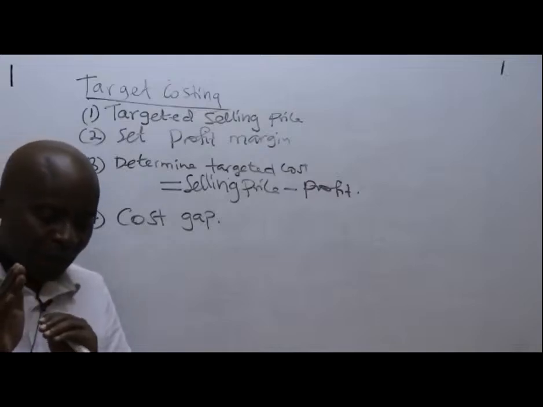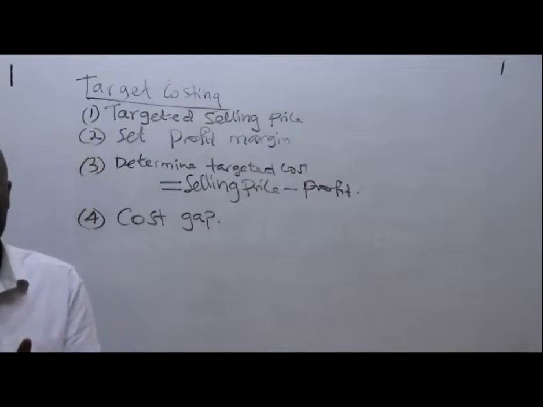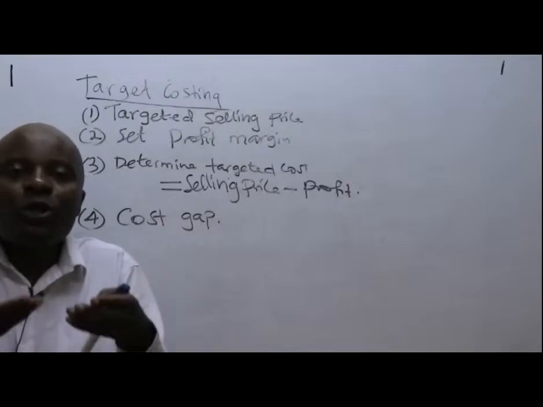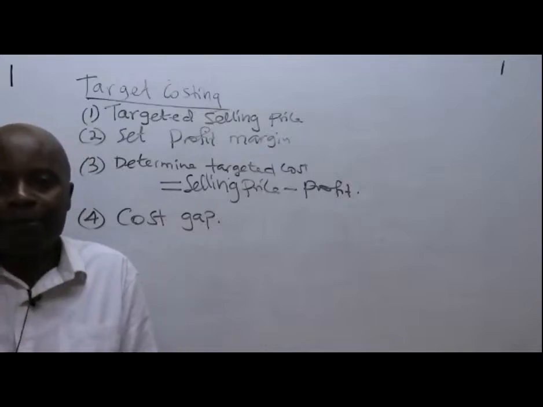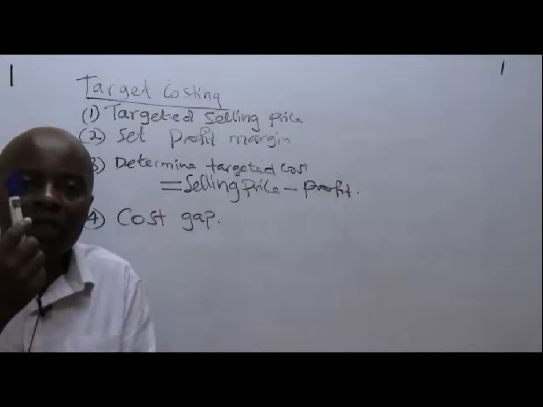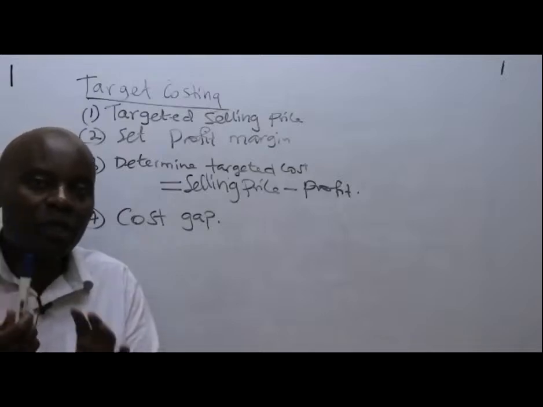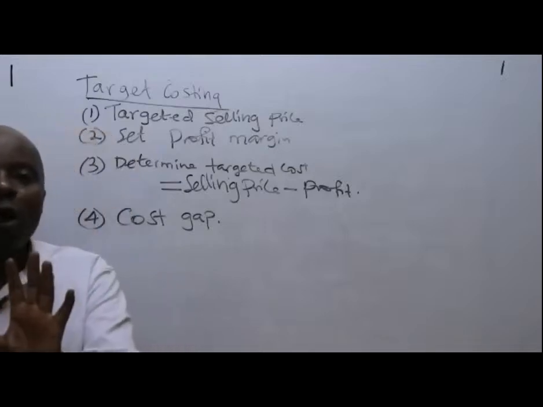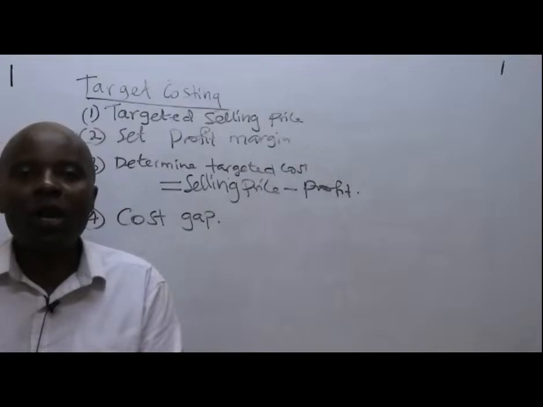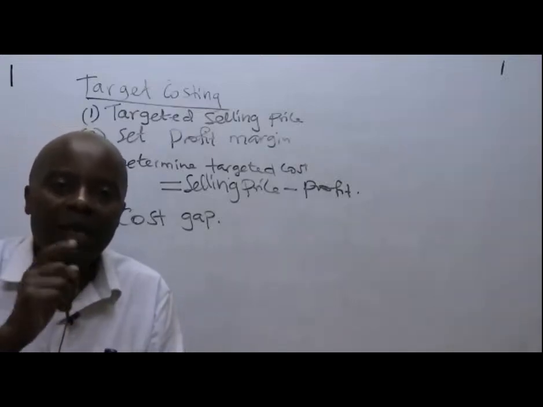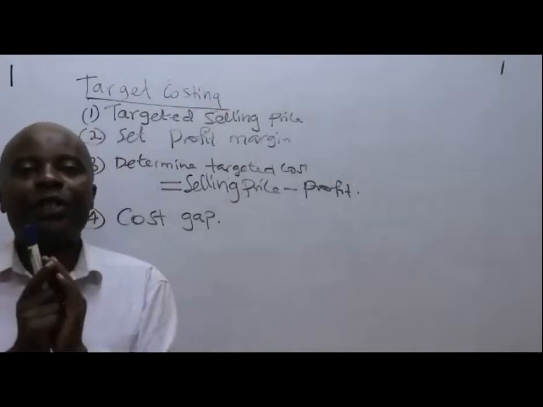Ladies and gentlemen, remember our targeted cost is the cost that we plan to incur to produce our products. So if you're producing pens of this nature, it's a Japanese concept. Before you start any production, you sit down and set your cost and say that this pen, there is no way it will cost me more than 8 shillings.